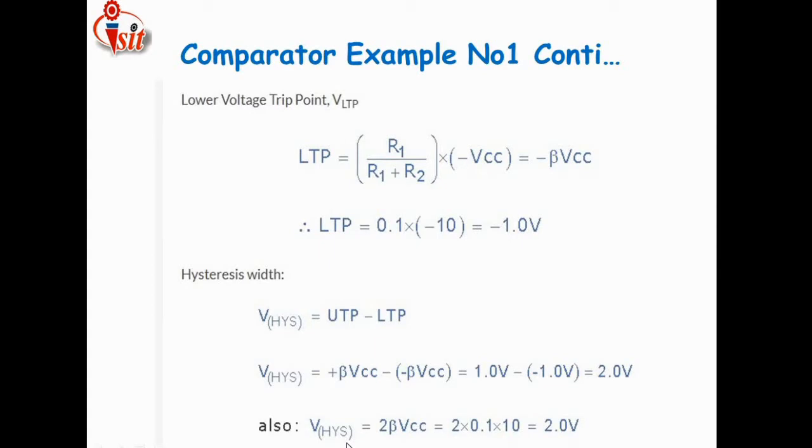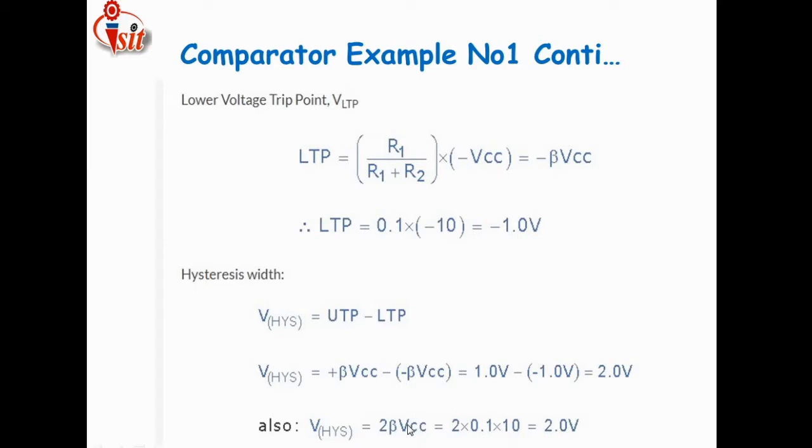Also, hysteresis can be calculated by using a simple formula, that is 2 beta into VCC. It is another method for the calculation of hysteresis. You can calculate the hysteresis width by using this formula, hysteresis equal to the upper trip point minus the lower trip point, or hysteresis can also be calculated by the formula hysteresis equal to 2 beta VCC.